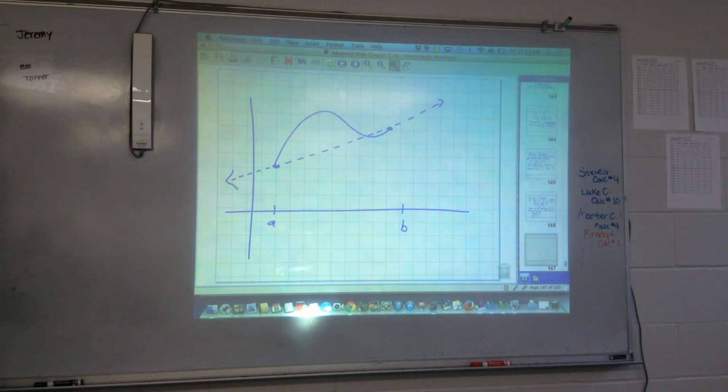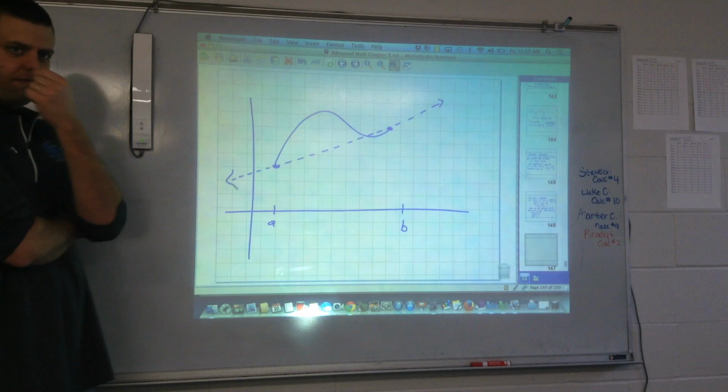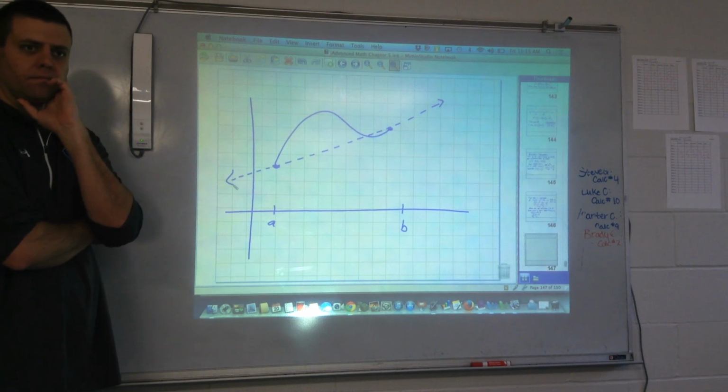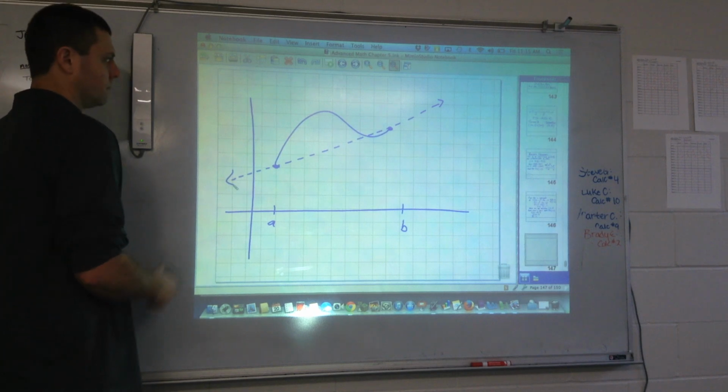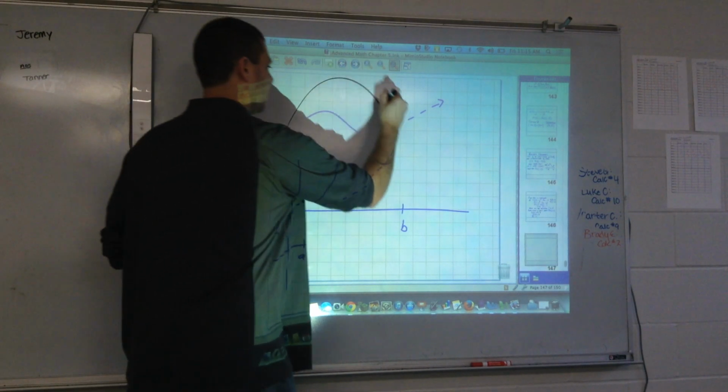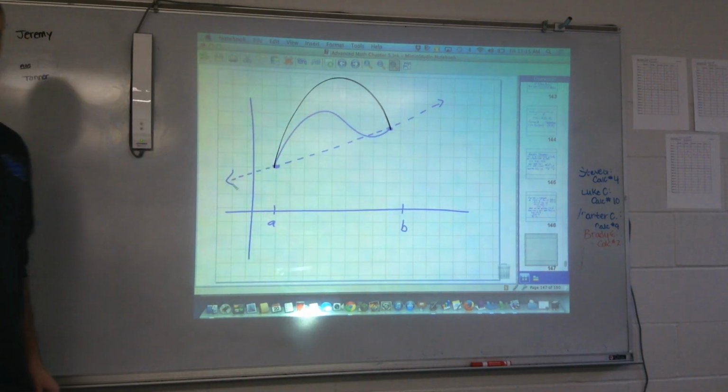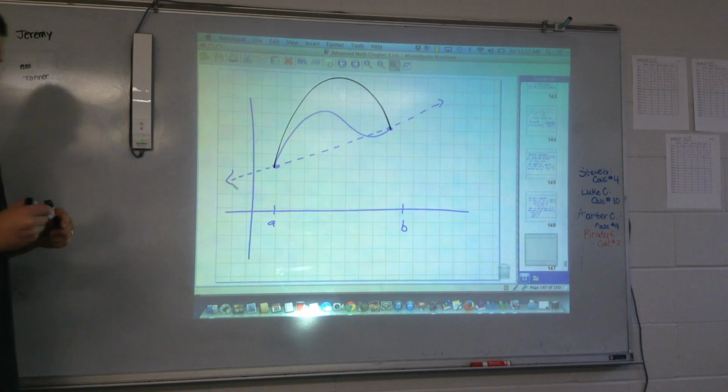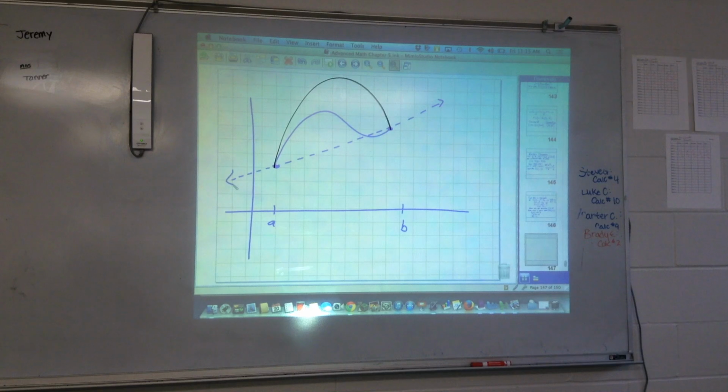I'd say yes. But what if the graph was essentially a parabola that went up and connected to the other point? Oh, but then it would still have to, at the start and end. Worst case scenario, start and end would have to equal.